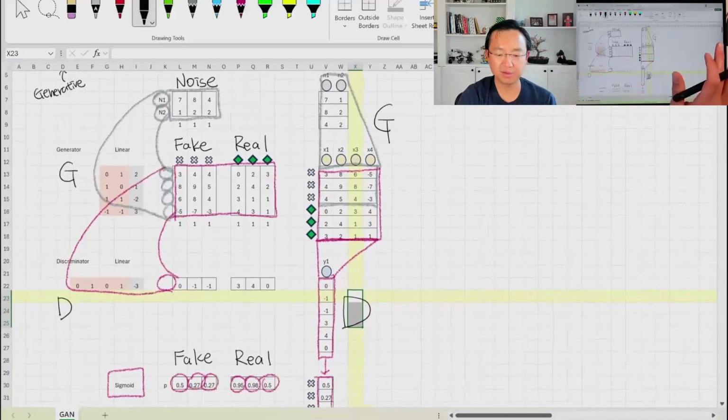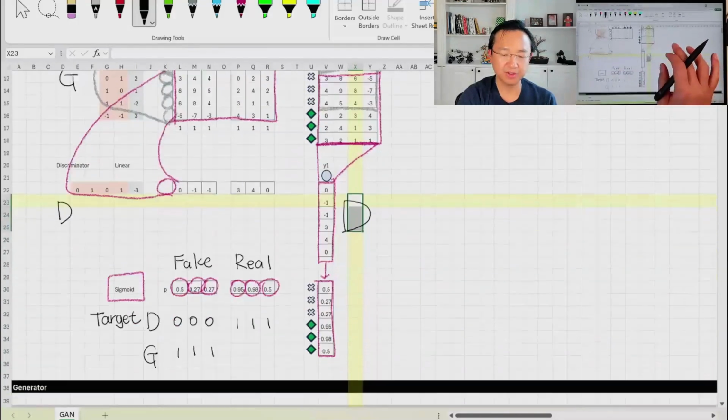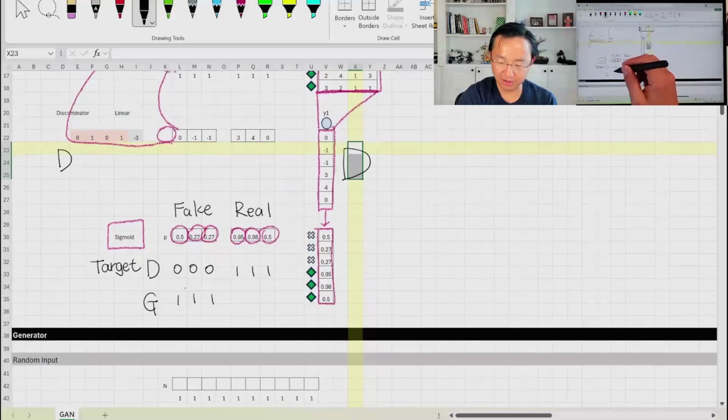In this case, because fake and real are balanced, we only look at half of them. So you can already see there are differences in the way the objective function should be set up for both. As a review, the target for the discriminator is fake, fake, fake, real, real, real: 0, 0, 0, 1, 1, 1. For the generator, each fake image you generate, it would like the output to be 1, 1, 1. So that is the setup.